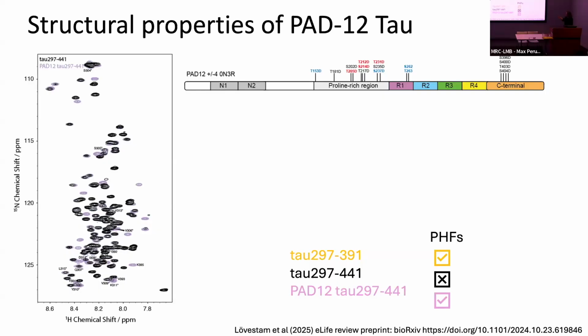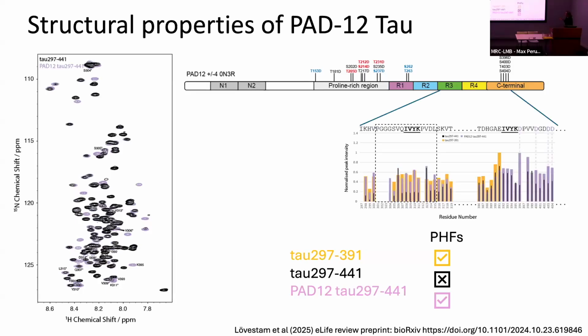So we did the NMR assignment. You can see the difference between the wild type and the PAD12. There are peak differences. But what was really interesting was we looked at the peak intensity, the peak height of the sample, and we compared them across the 3 different states. So in this 297-441 sample that doesn't form paired helical filaments, it's got a lower peak intensity than the 2 samples that do.